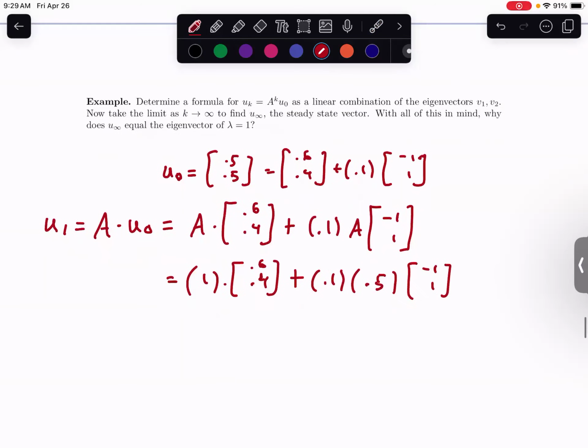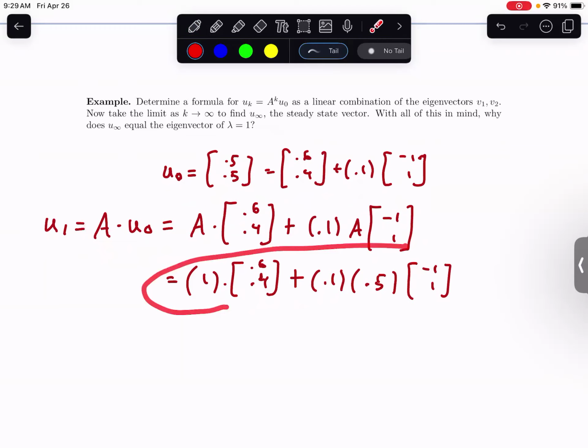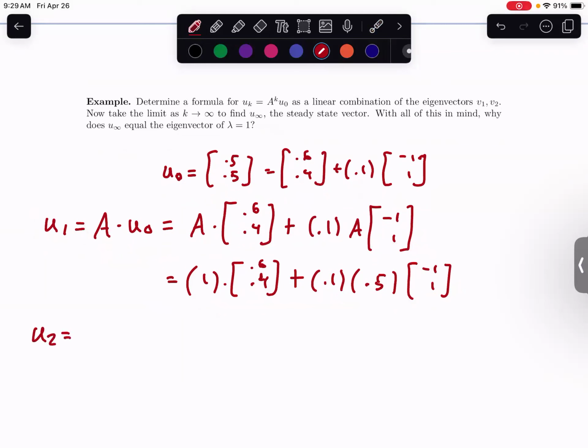And then we can think about what ends up happening when we multiply u1 by A. That would just be multiplying this whole thing by A again. So we have u2, which is going to be equal to A times u1. This will be equal to A multiplied by 0.6, 0.4 plus 0.1 times 0.5 times A times minus 1, 1.